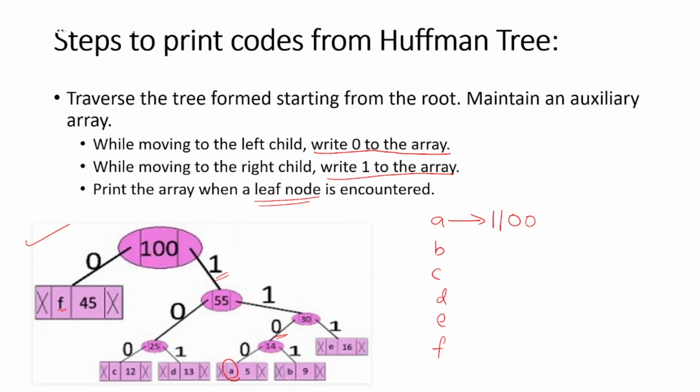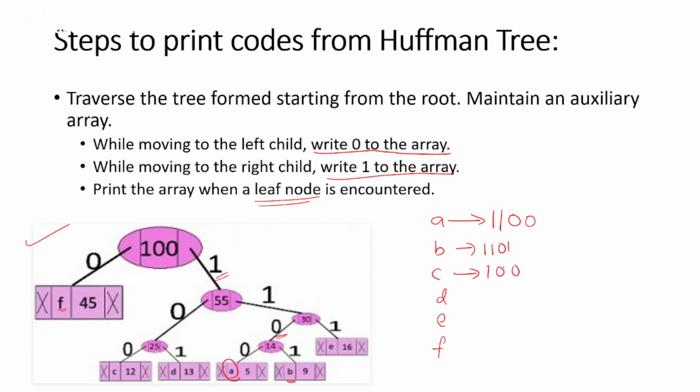Now let us go for the encoded format for B. Starting from the root, it is 1, 1, 0, 1. So 1, 1, 0, 1 is the encoded format for B. What about C? It is 1, 0, 0.